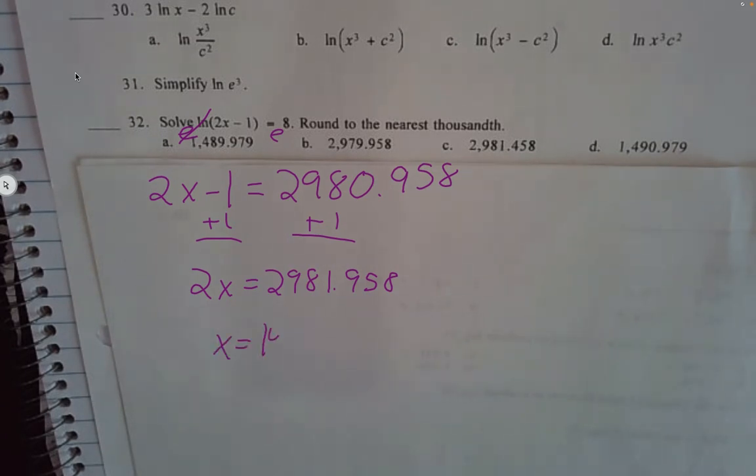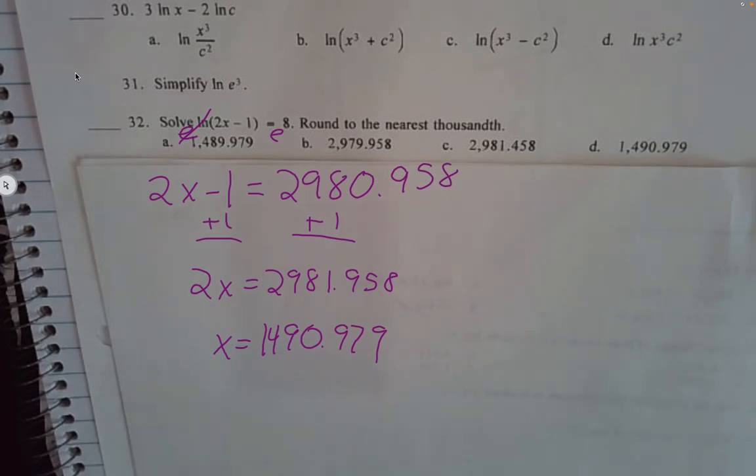And I get 1,490.979. Yes, 1,490. Oh, yeah, I divided by 2 because I had 2 times x. So that's 32.